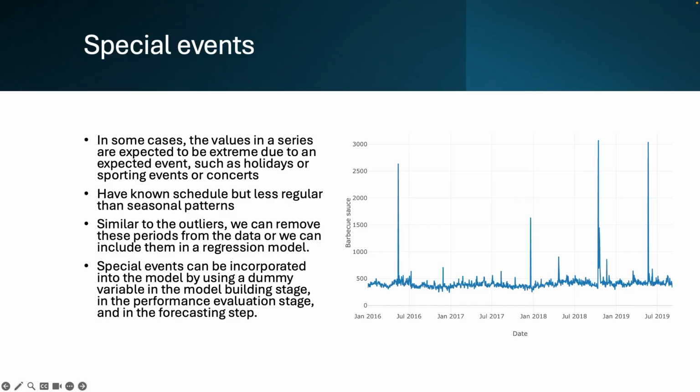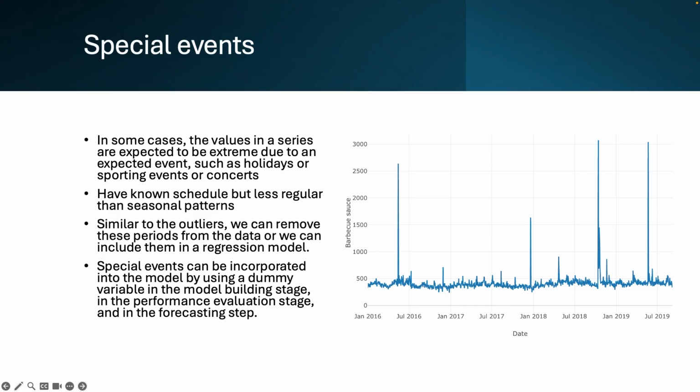Special events can be incorporated into the regression model by using a dummy variable, as we did with the outliers. So we just add them as a dummy variable in the model building stage, in the performance evaluation stage, and in the forecasting step as well. The dummy variable takes two values, either one for the periods with the special events and zero otherwise.